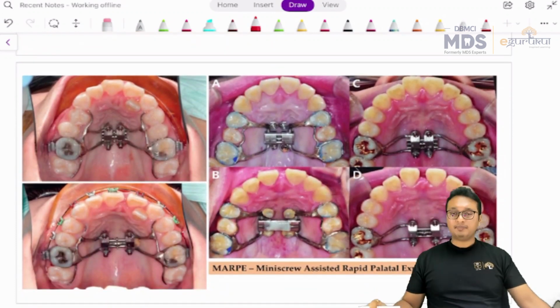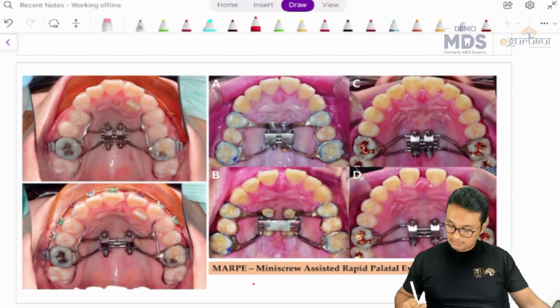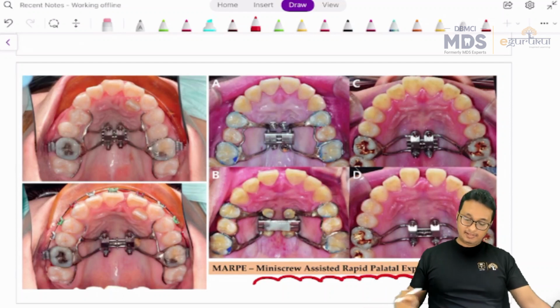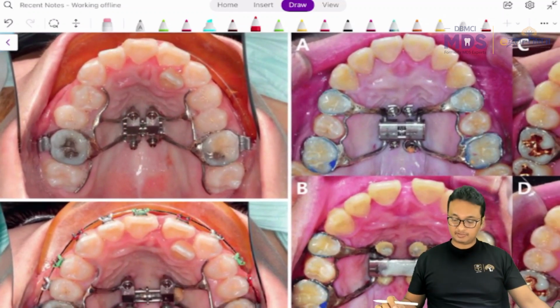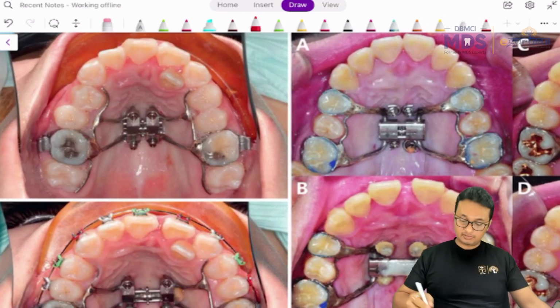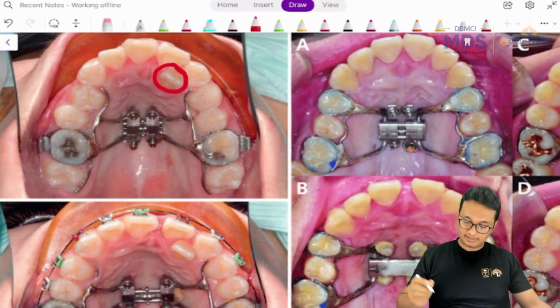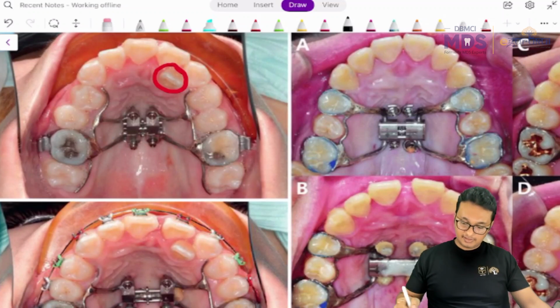Now similar to SARPE, there is another procedure called MARPE, which stands for mini screw assisted rapid palatal expansion. In this case you can see this particular case requires expansion because of this instanding lateral incisor here. So what is done here?